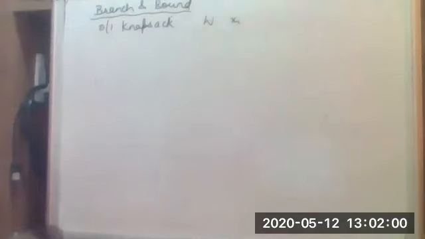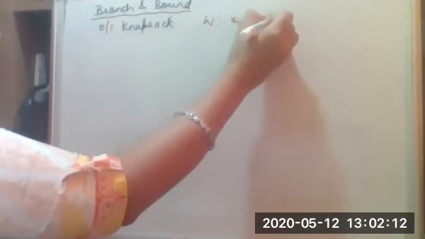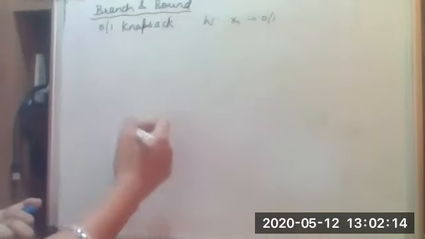For this knapsack problem, this xi value can be either 0 or 1 because it's a 0-1 knapsack.